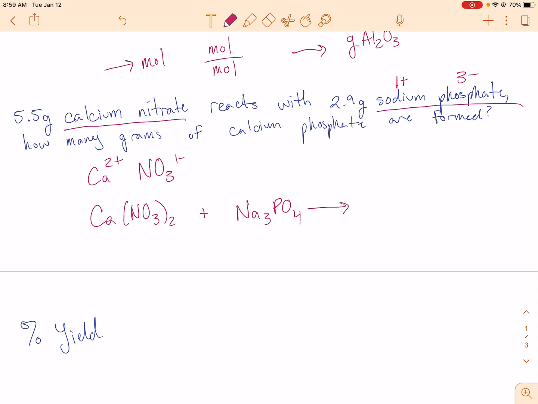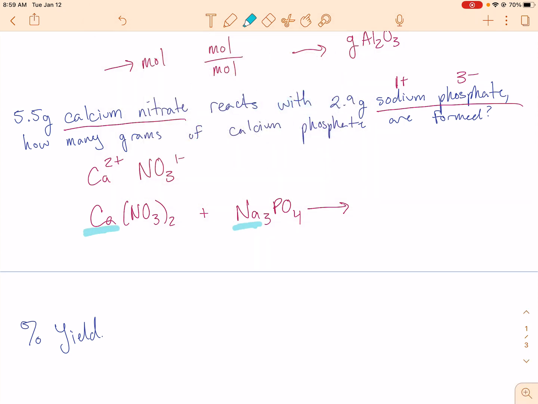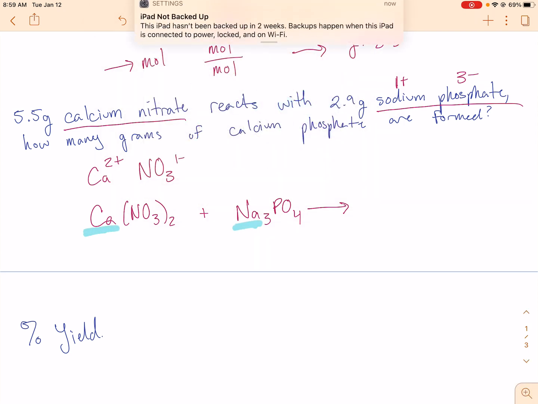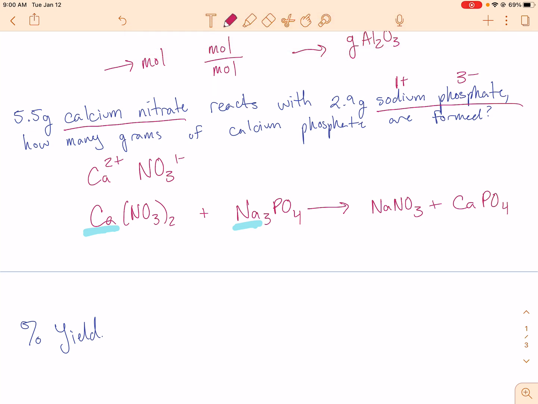This is a double replacement reaction, so Ca and Na are going to be switching. So this is going to be NaNO3 with CaPO4. Again, you have to look at the charges of everything. You can't just write the end there. So those both have a 1 charge, so that's good. This has a 2 charge, that has a 3 charge, so they cross.